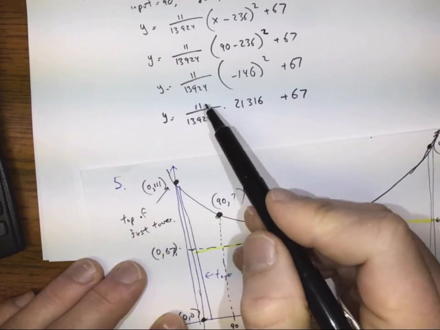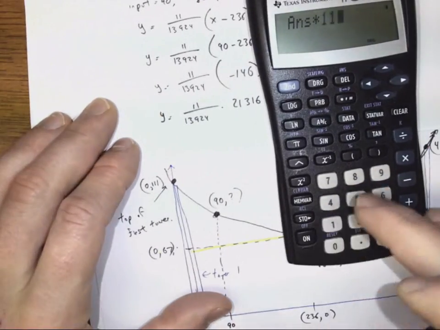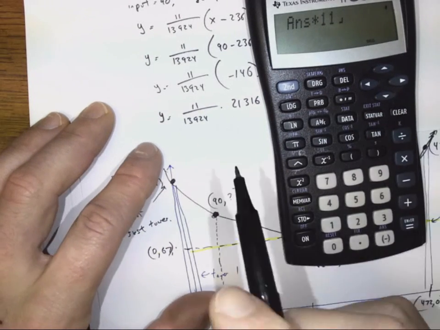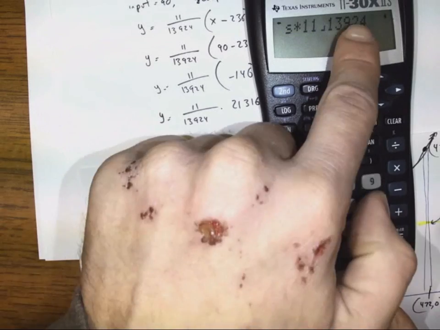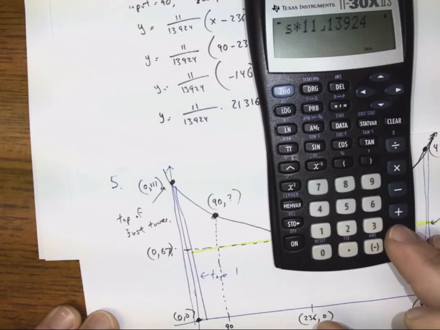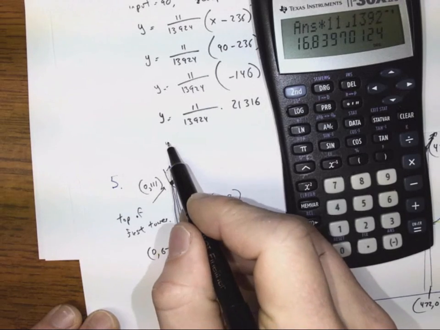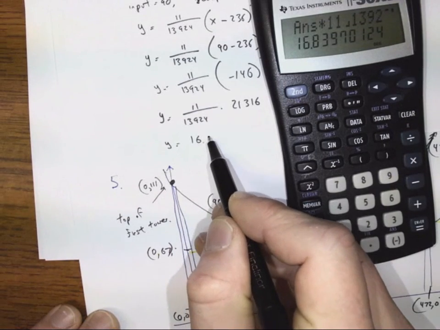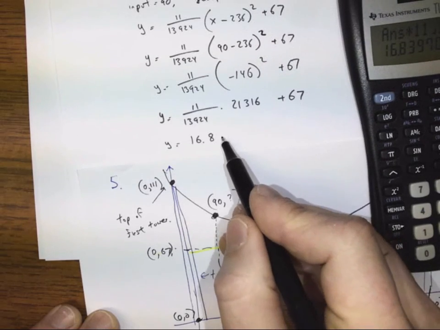And then I'll multiply 21,316 by 11 over 13,924. I'm not sure if this is going to give me a syntax error. That's a really big denominator for the fraction button to handle. Oh, it worked. It gave us y is equal to 16.8, remembering we're rounding to the nearest tenth, plus 67.